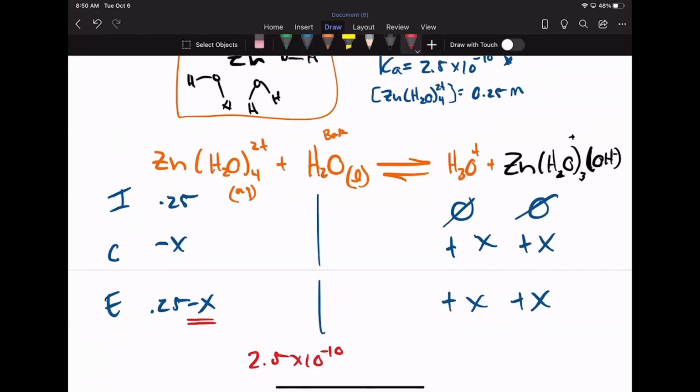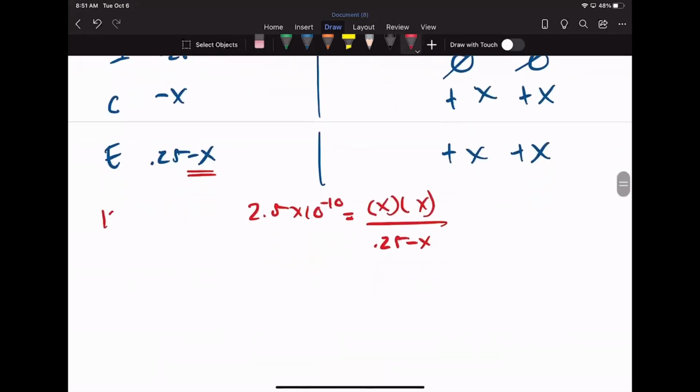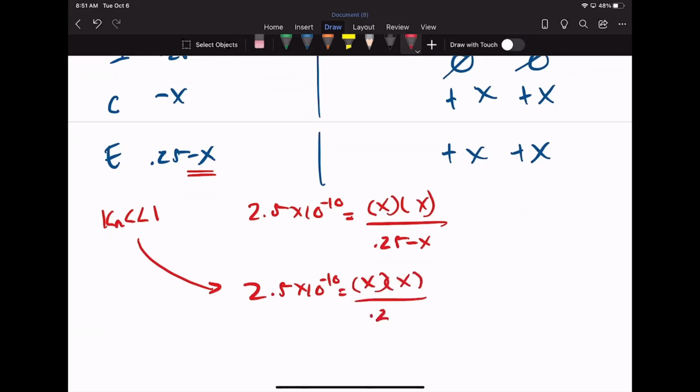Is anybody confused when I ask you that? Do you understand what I mean? Because there are 2 ways to write this equation. I'm going to write them both ways. One way we can write it is x times x over 0.25 minus x. But if our Ka is a lot less than 1, then we can just solve it this way: 2.5 times 10 to the minus 10 equals x times x over just 0.25.